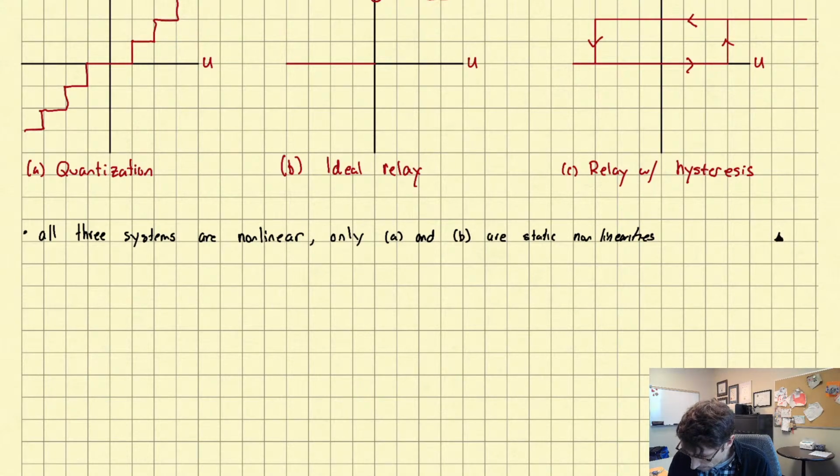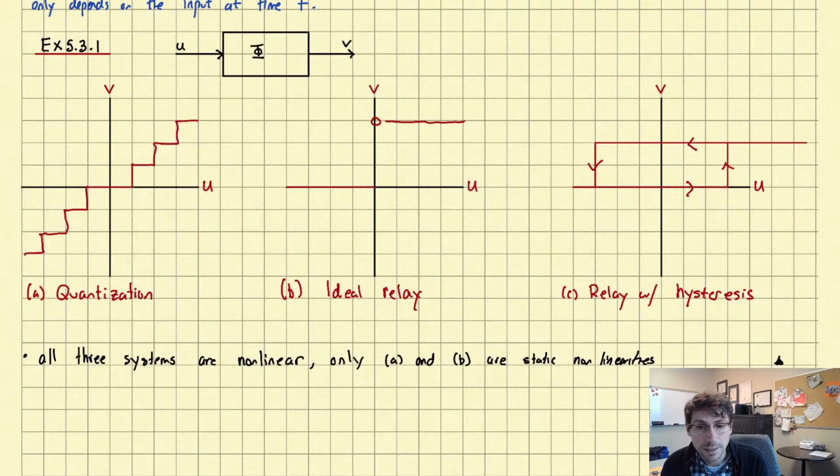So the idea again is that the output of this nonlinear system only depends on the input at that particular time and not at previous times. So static nonlinearities pop up from time to time. We'll see some examples as we go on.